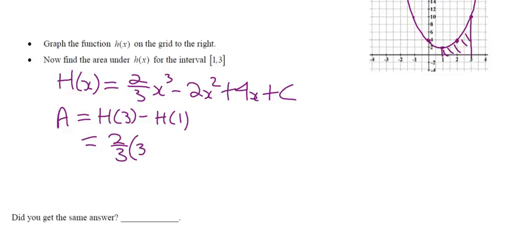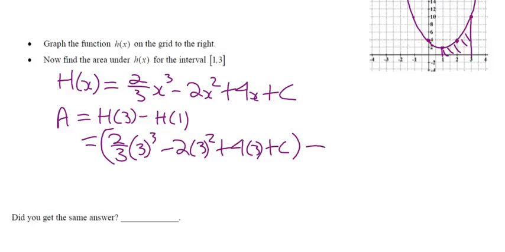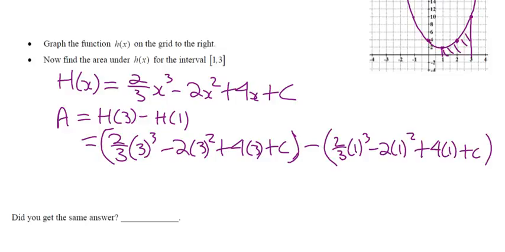So 2/3 times 3 cubed, minus 2 times 3 squared, plus 4 times 3, plus c, minus, now we got 1, so 2/3 times 1 cubed, minus 2 times 1 squared, plus 4 times 1, plus c.